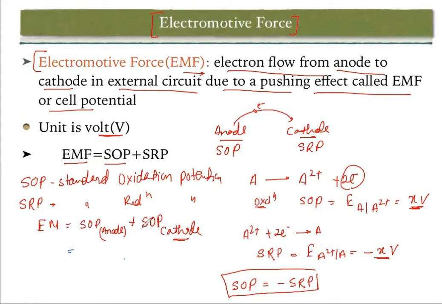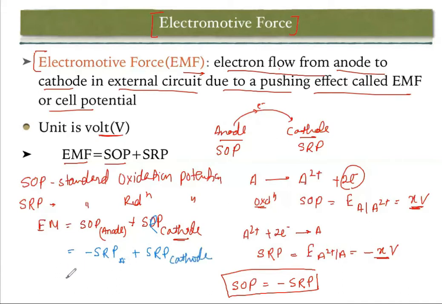Okay, as we already calculated, SOP of anode. If I change this in terms of reduction potential, I can write minus of standard reduction potential of anode, plus SRP of cathode.